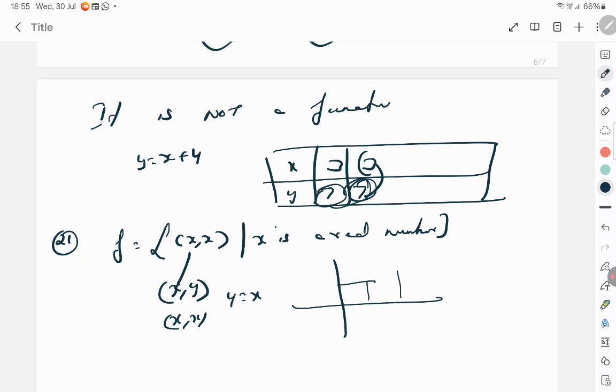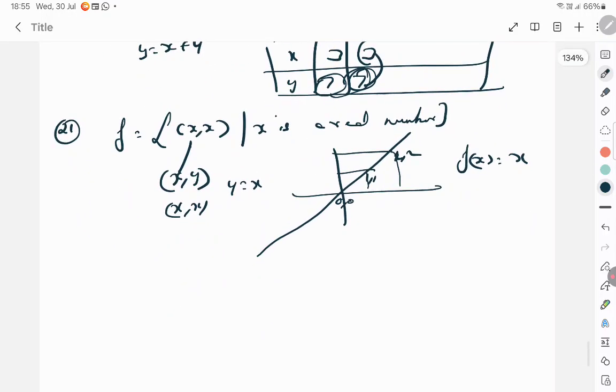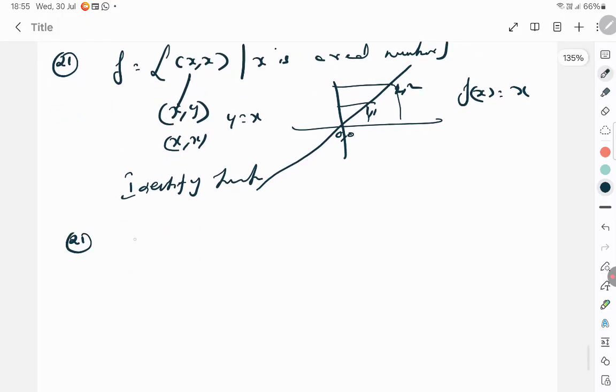When x is 1, y is 1, x is 2, y is 2, x is 0, y is 0. It's 1 comma 1, 2 comma 2, 0 comma 0. It's like f of x is equal to x. It is definitely called an identity function. Okay, so now the next question, g is equal to n comma 1 by n, where n is a positive integer.